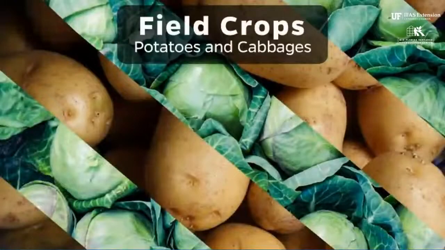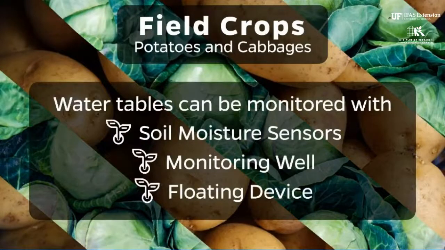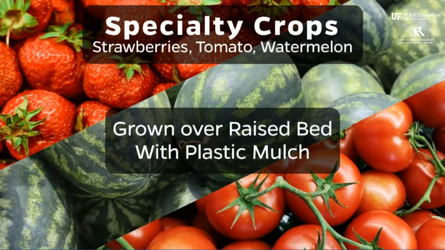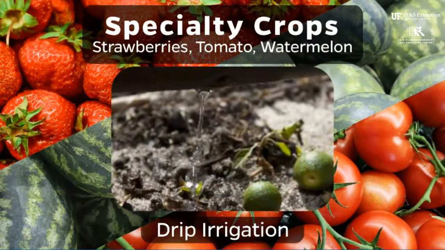Other crops such as potatoes or cabbages, which are grown under seepage irrigation in the state of Florida, require constant monitoring of the water table. We can easily monitor it using either a soil moisture sensor, a monitoring well, or a simple floating device. Specialty crops such as strawberries, tomatoes, and watermelons are generally grown over a raised bed with plastic mulch and irrigated using drip irrigation systems.